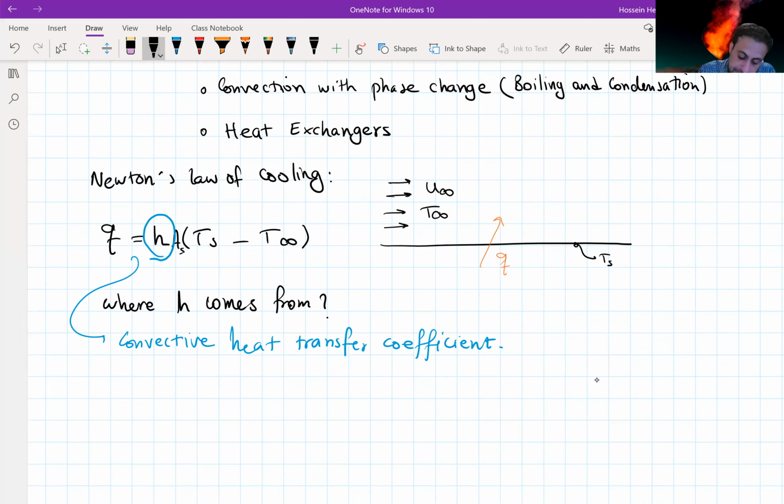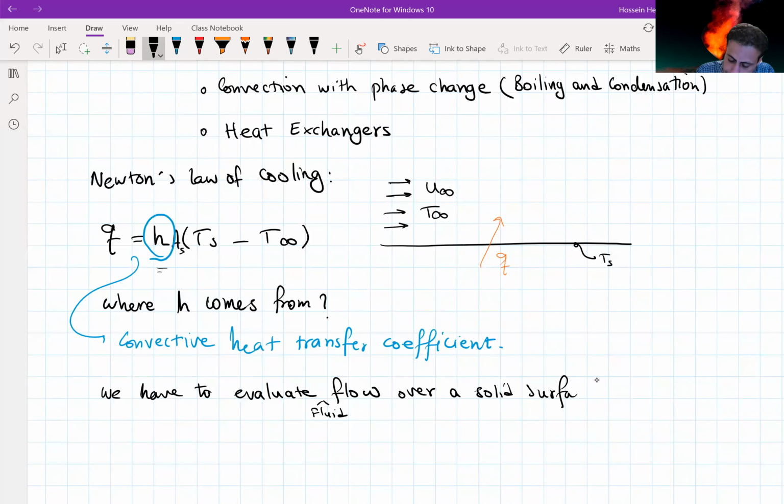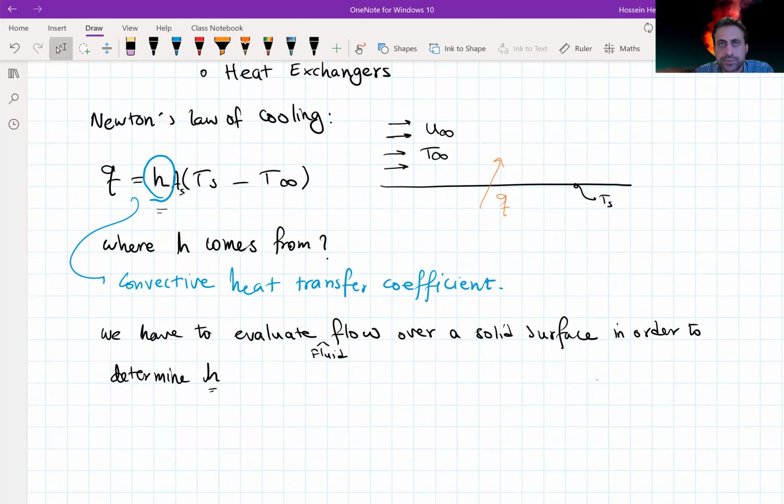So the way that we determine h is we have to look at fluid flow over a solid surface in order to determine h. So inherently, this is a fluid dynamics problem.